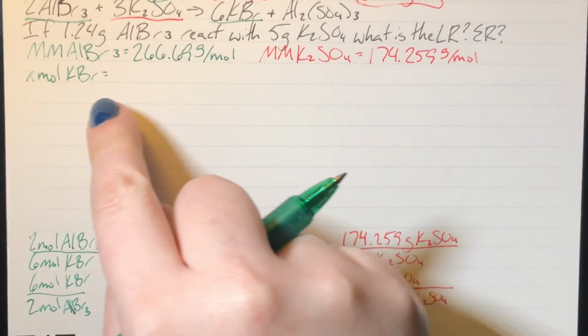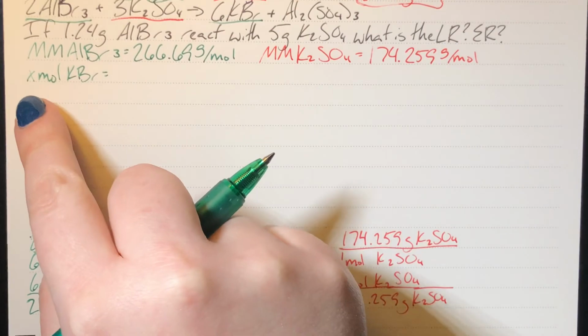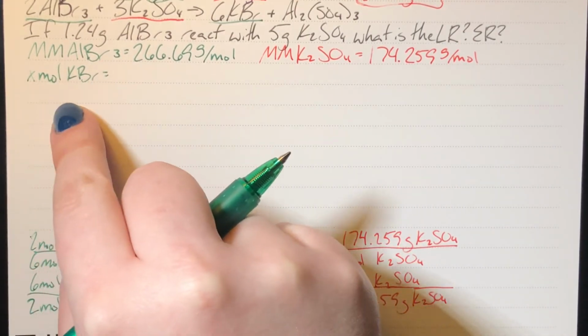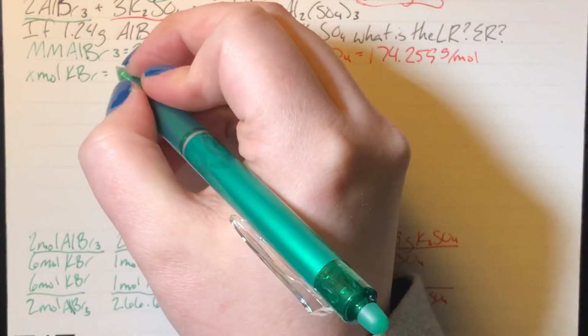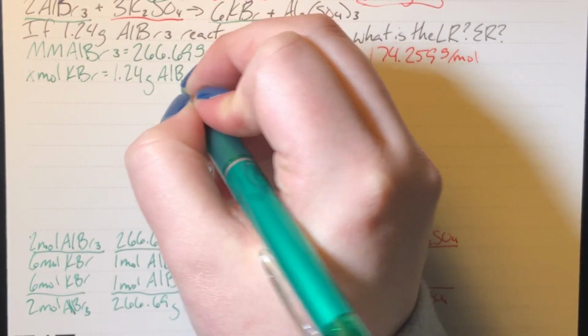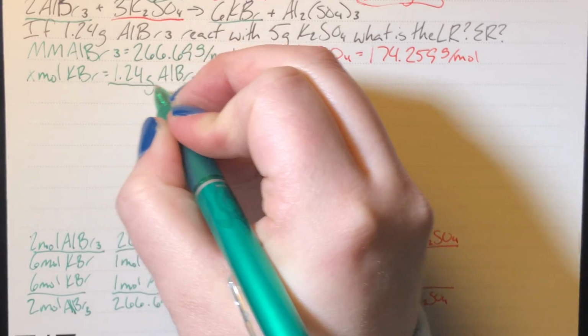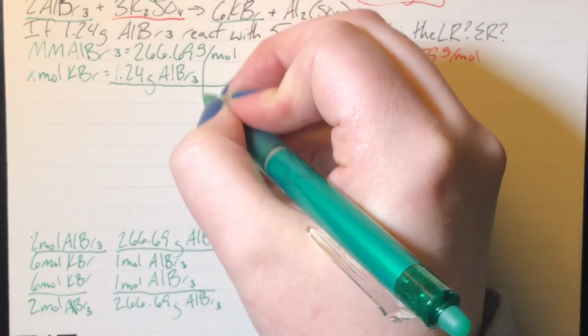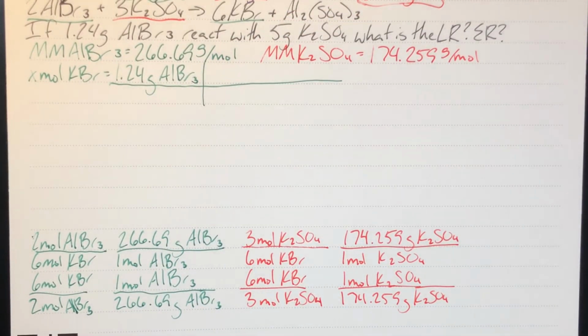And for this one, I am going to be figuring out how many moles of potassium bromide I could produce based off of 1.24 grams of aluminum bromide. And we're going to see how this goes. Okay, so I'm currently in grams of aluminum bromide.